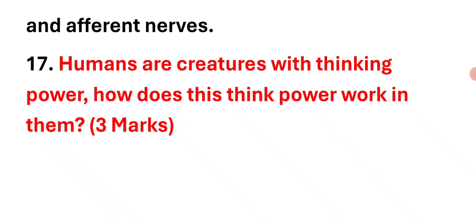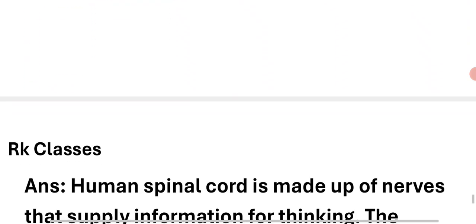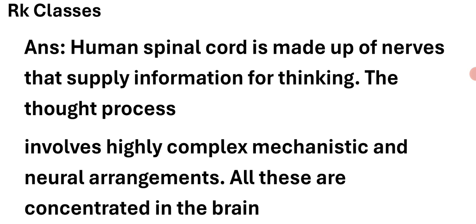Question number 17. Humans are creatures with thinking power. How does this power work? 3 marks question. The human spinal cord is made up of nerves that supply information for thinking.